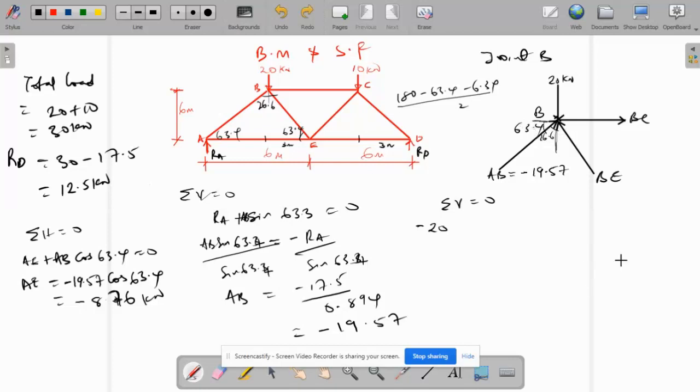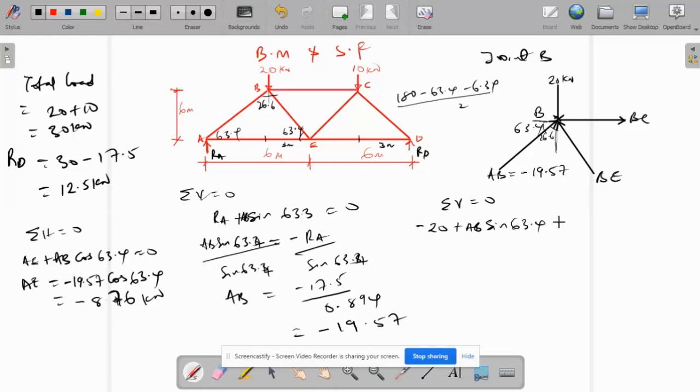So we have summation of vertical forces. We're talking about this very one acting downwards, then this one is going this way. It's going upward, but we have minus already, which is minus AB sine 63.4. When we resolve this, then we have BE.